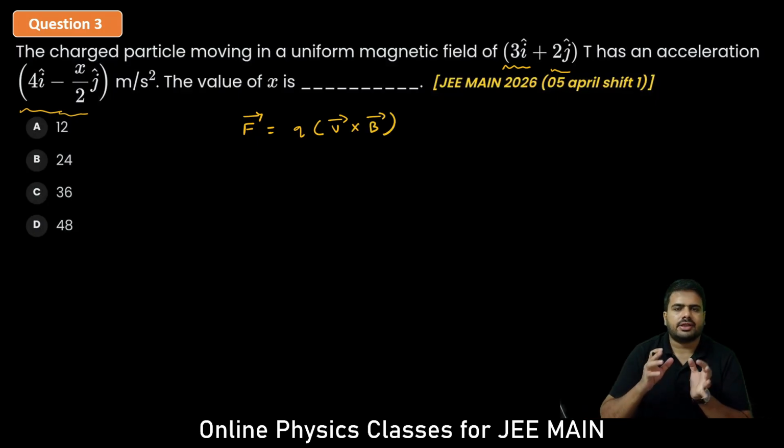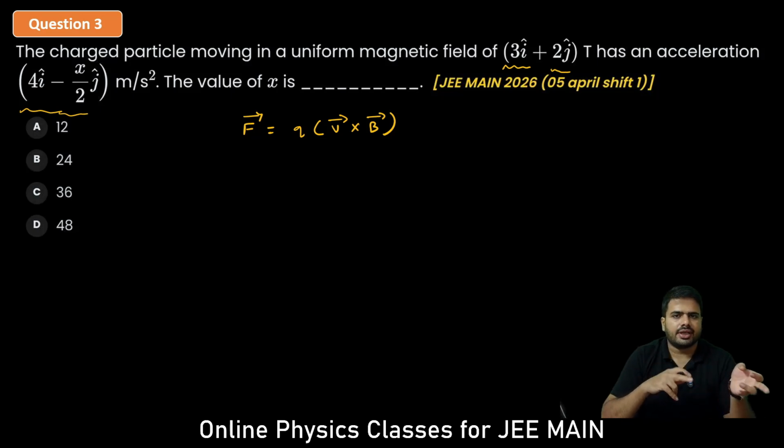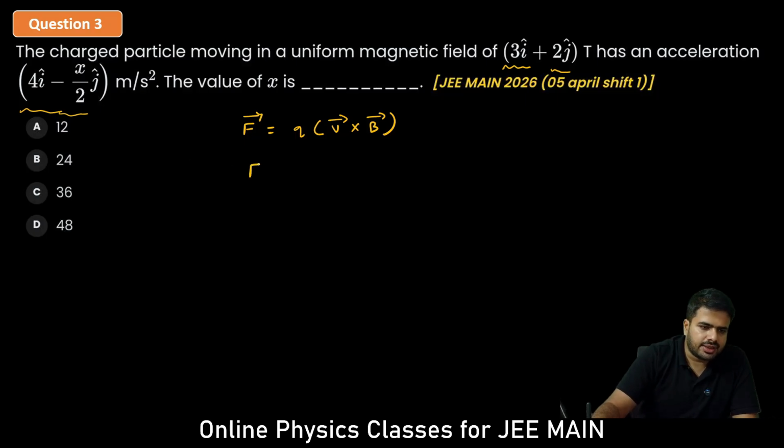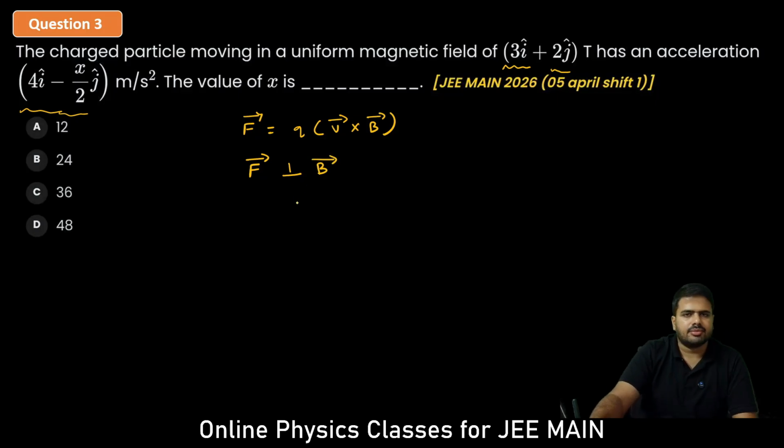In the cross product concept, if you are doing a cross b and we get c vector as the result, then c vector will be mutually perpendicular to a and b. Likewise here, force will be mutually perpendicular to our velocity vector as well as the magnetic field. So force is perpendicular to the magnetic field, and velocity vector also.